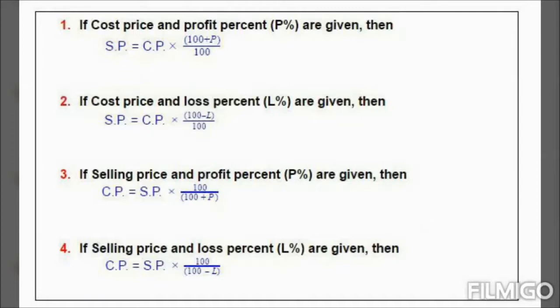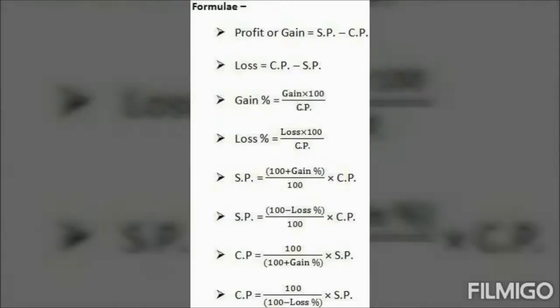If we have to find the cost price, then it is 100 upon 100 plus profit percent into SP, or 100 upon 100 minus loss percent into SP. So these are very important formulas when the cost price or the selling price is given with profit percent or loss percent. Now let's proceed to the next question.